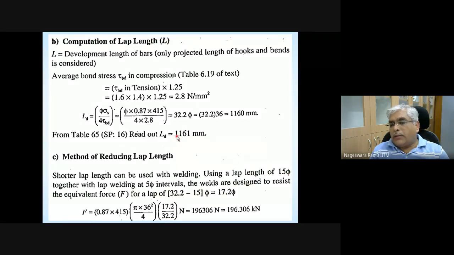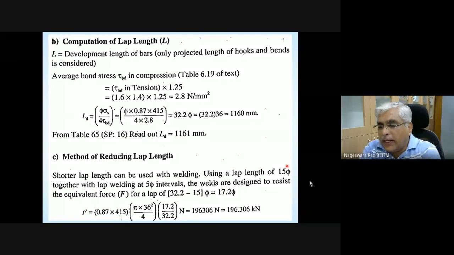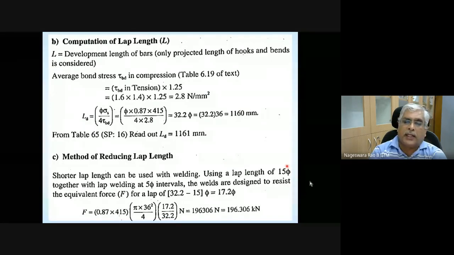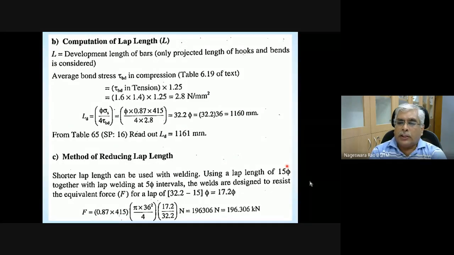If you decide to provide 15 times diameter of the bar, that lap length is provided. For whatever remaining lap length you are missing out, you need to compensate with weld. So the strength of the weld has to be calculated based on the missing lap length.